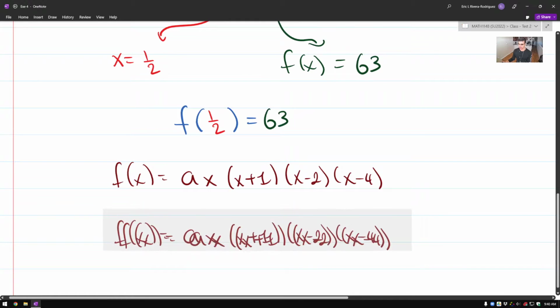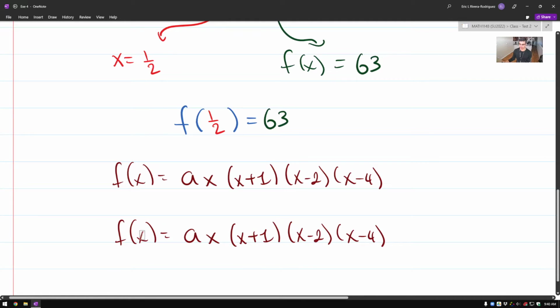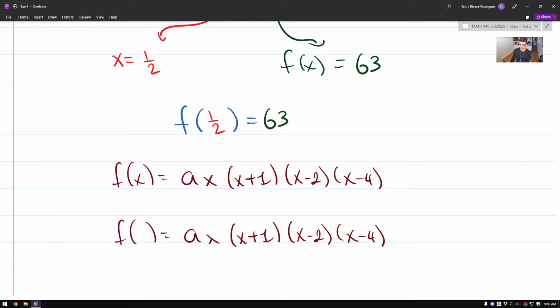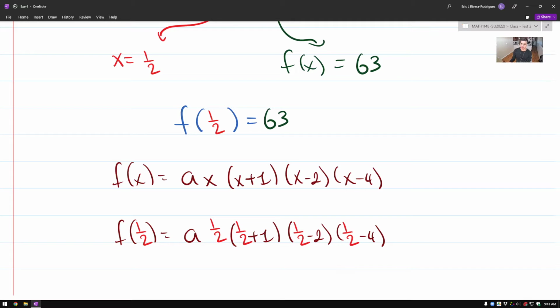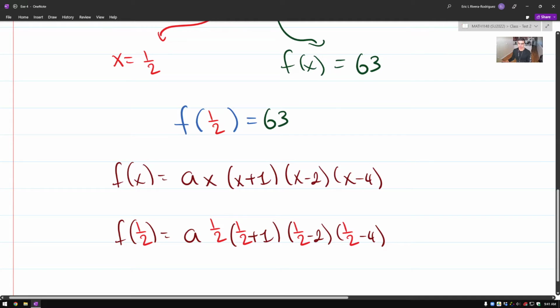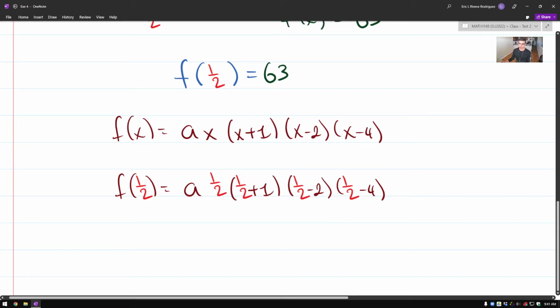Because we have this equation, let me first erase all the x's. If we plug in 1/2 in the place of x, this is what we have. And we know that f of 1/2, all this, is equal to 63.